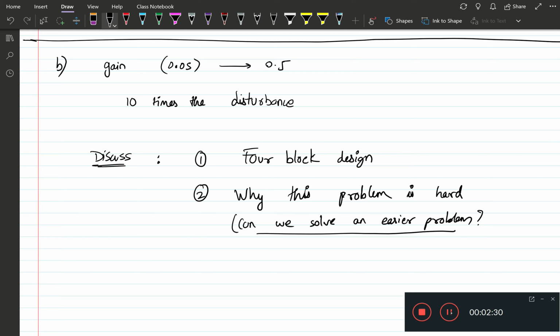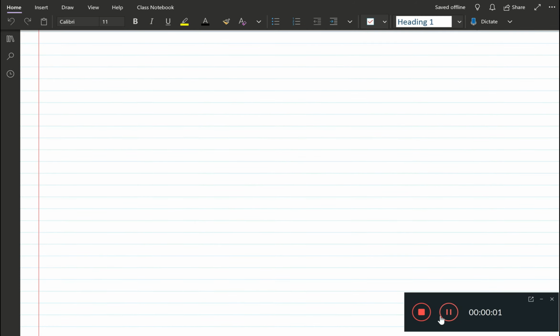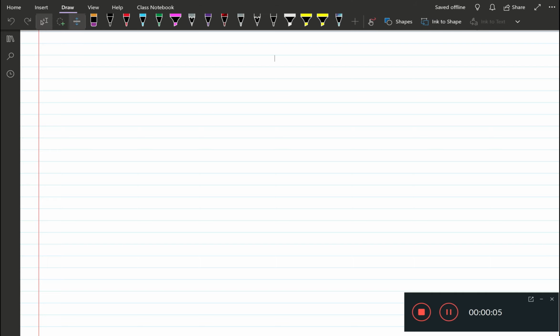So this is what I want to discuss now. So let's first discuss the 4-block design. In the previous subproblem to task A, a 2-block design was enough.